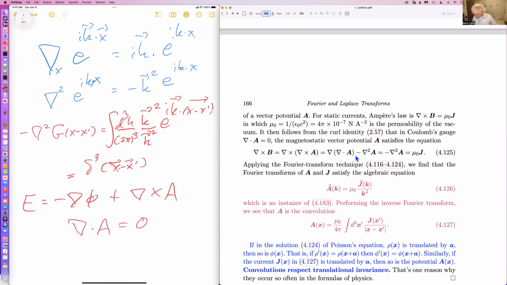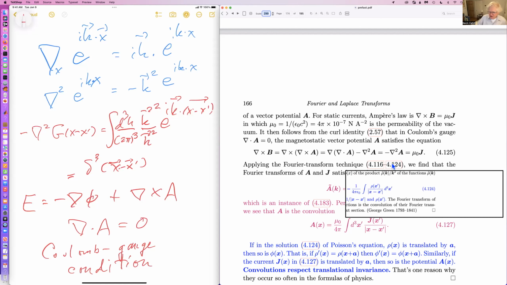This is called the Coulomb gauge condition. And when we do that, we just have minus Laplacian A, and that's then mu 0 J.